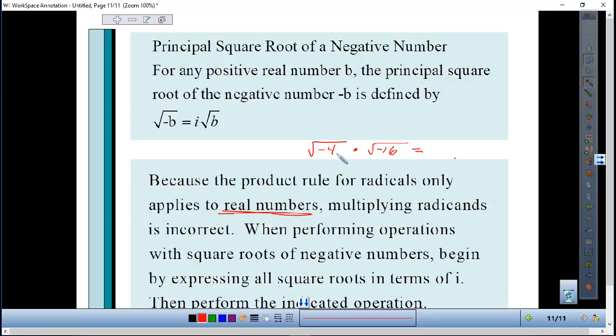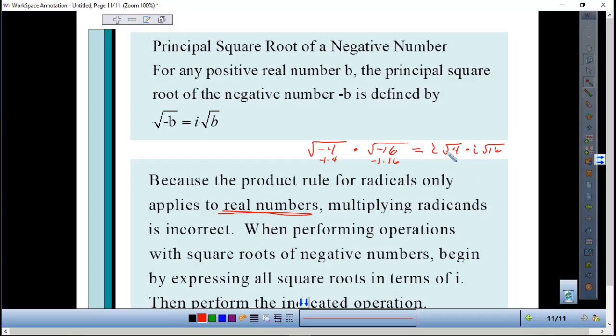Well, that's simple. You would take the negative, treat this as negative 1 times 4 like we did before, and bring the i out front. So i times the square root of 4 times, same thing here, negative 1 times 16, and bring the square root of negative 1 out. Now we can actually multiply our radicals.